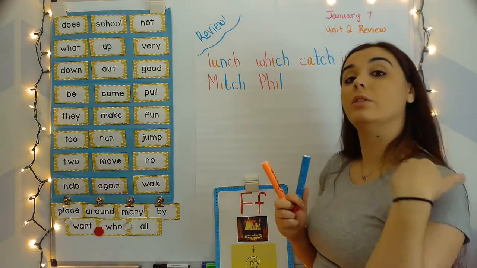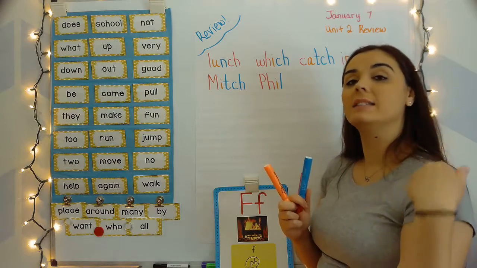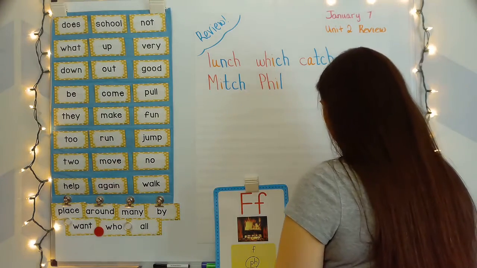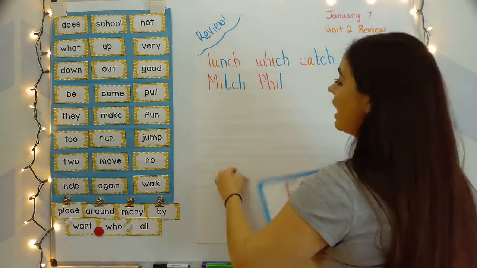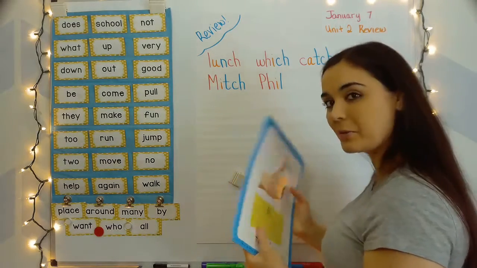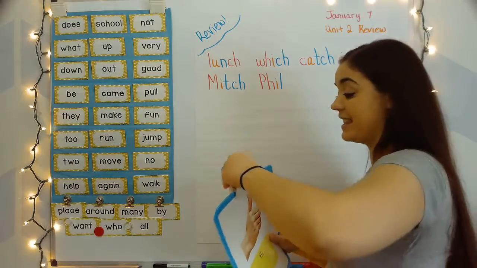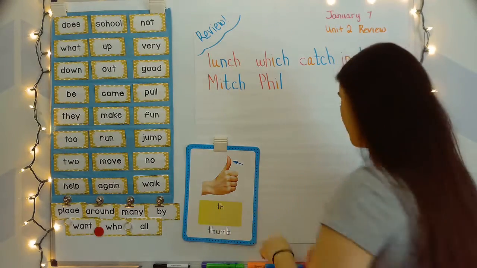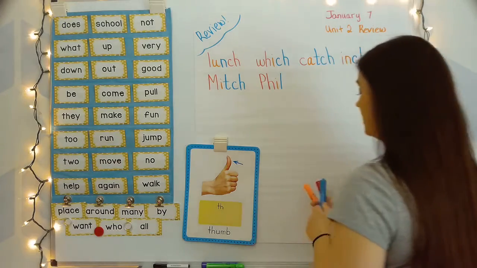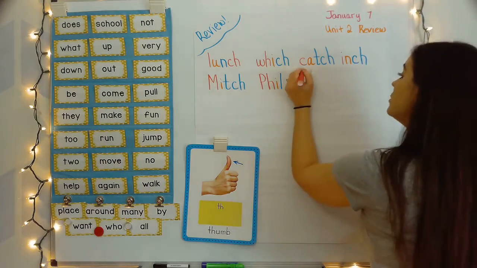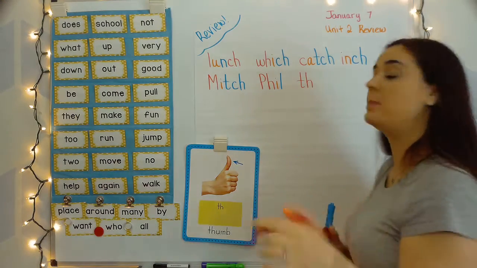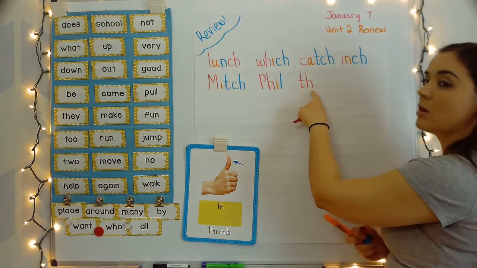Next word. That. Your turn. At. That. So that is a high frequency word. And that word has the TH at the beginning, like your thumb. So again, TH, you just have to know, says th, because you don't hear ta and you don't hear ha.